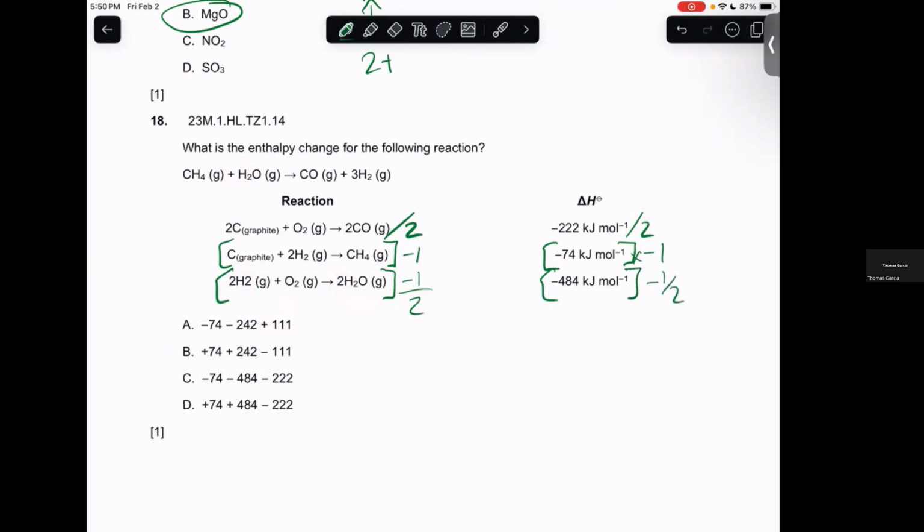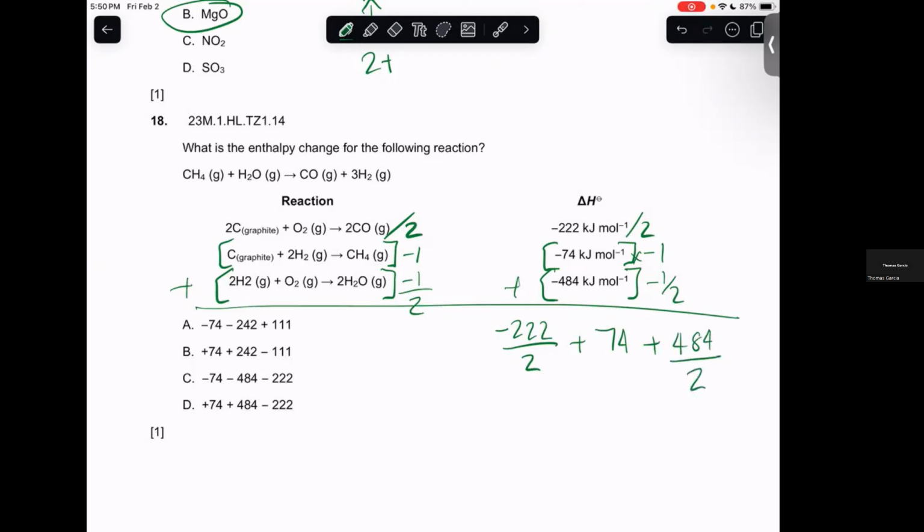So when I add all these enthalpy changes up, like I add these reactions together, I get -222 divided by 2 plus 74 plus 484 divided by 2. So that's -111 plus 74 plus 242. Well, that only correlates to one answer, which is B.